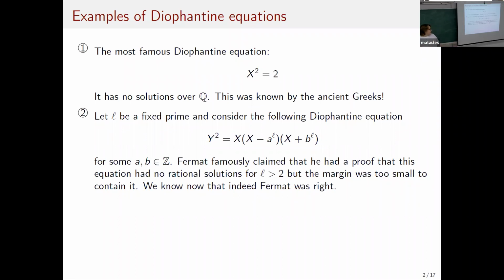Actually, I'm cheating a bit, because this is one of the steps to proving Fermat's theorem. This is Frey's elliptic curve, and Fermat didn't state the problem with this equation, but it's the same thing. And now, after 300, 400 years, we know that Fermat's theorem is true.